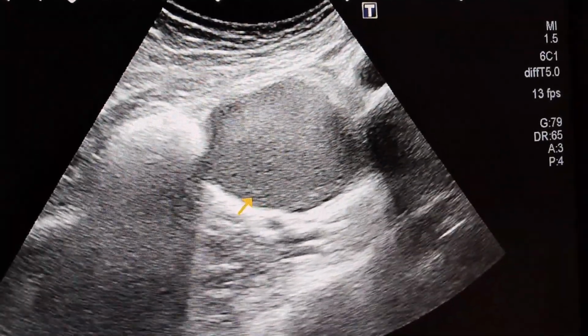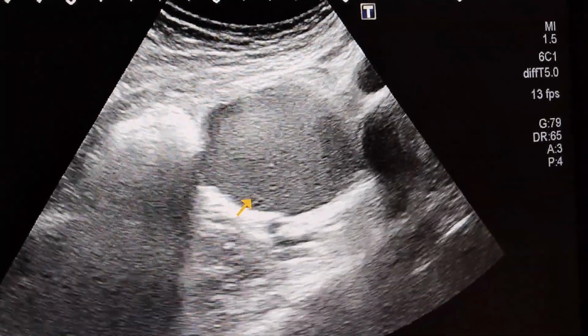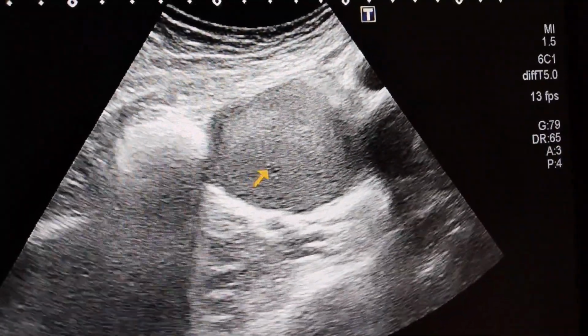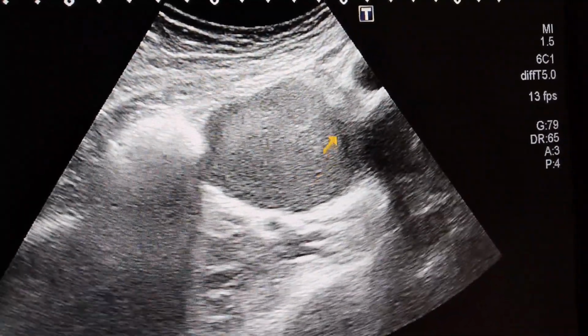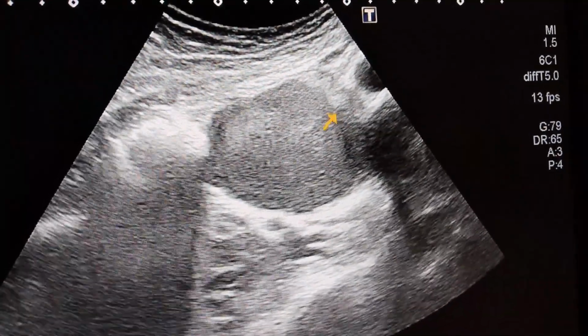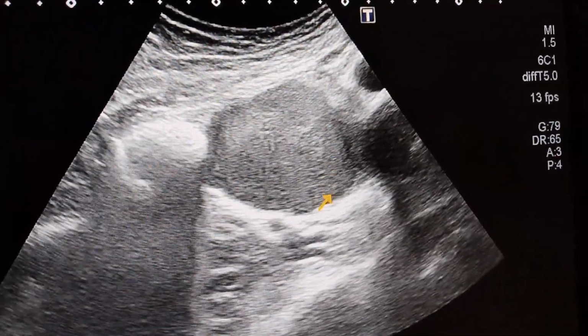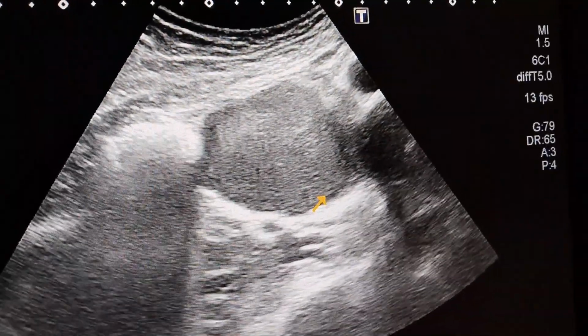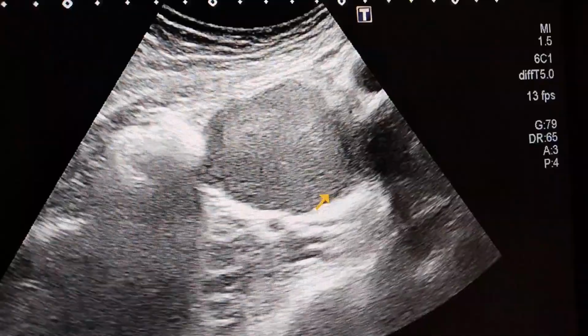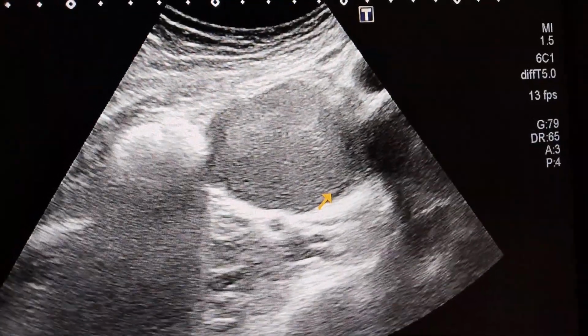So with bleeding during the menstrual cycle, the blood also accumulates in this ectopic endometrial tissue within the ovary, and then goes on accumulating with the many menstrual cycles.